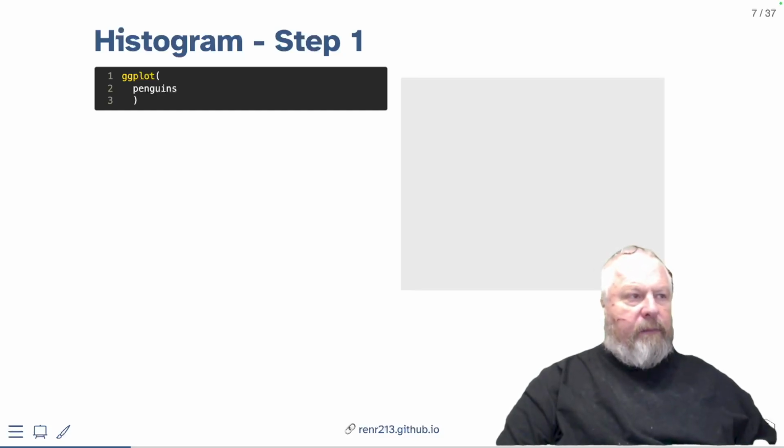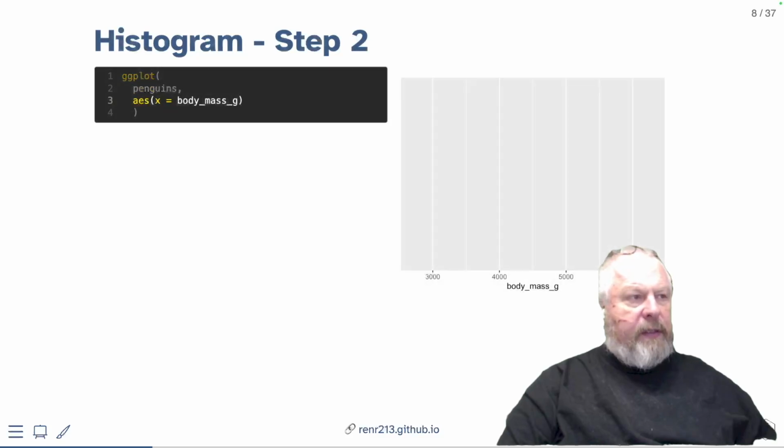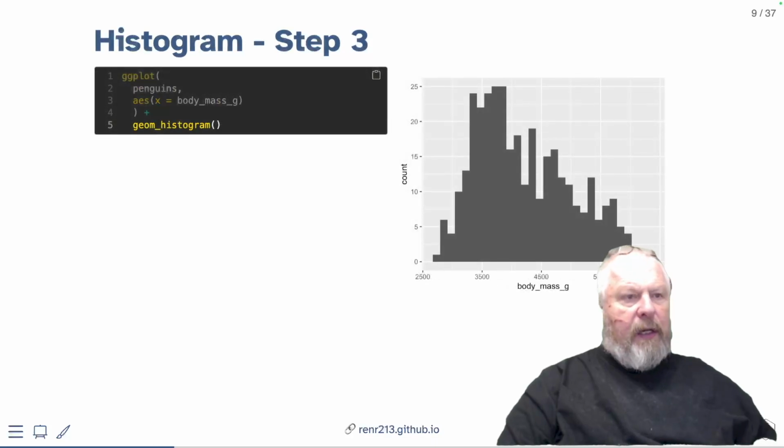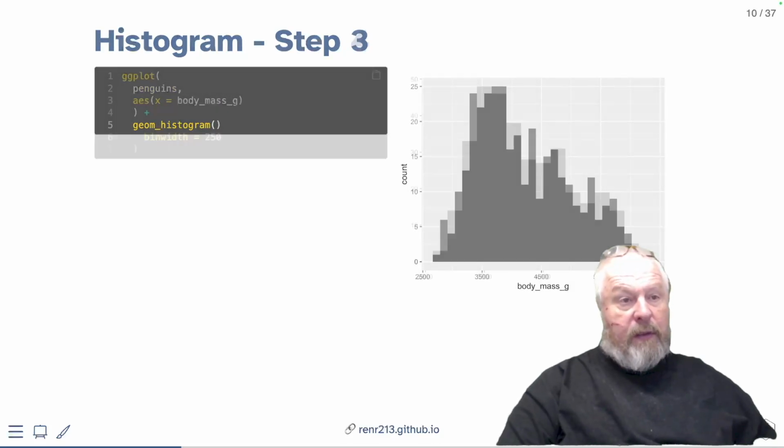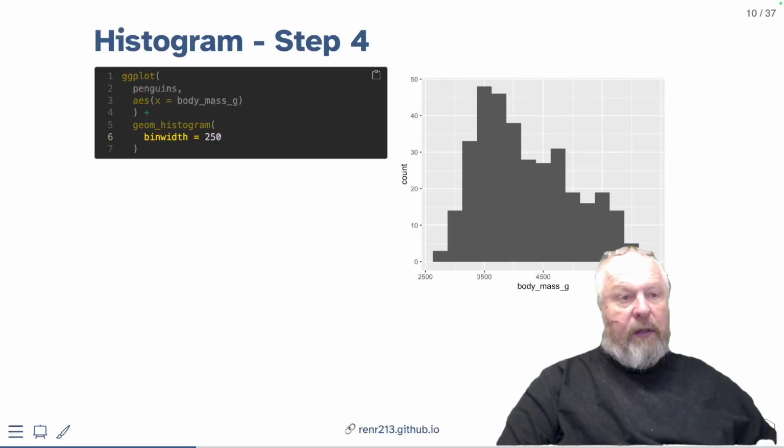The ggplot penguins gives us the blank slate. Then we set the x-axis by using aesthetics. We say geom histogram to turn it into a histogram. We can change the bin widths to make the graphic look a little bit better.